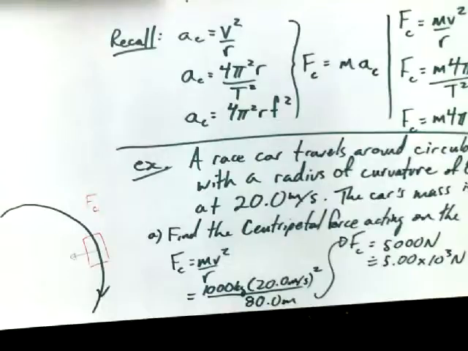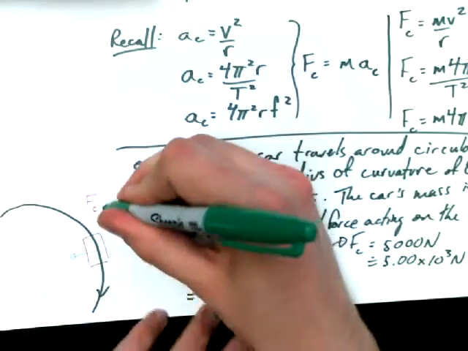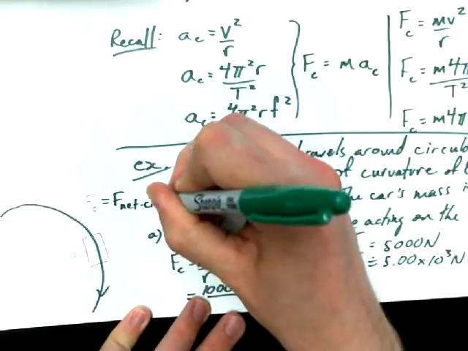I want to tell you something about Fc. Fc is not an actual applied force. It's not a force that really exists on its own. A better name for Fc, if you wanted to really wrap your head around what it is, is really F net circular.